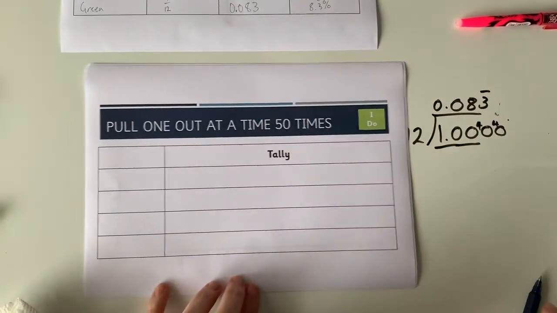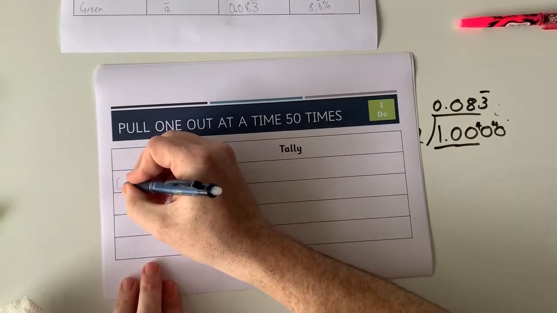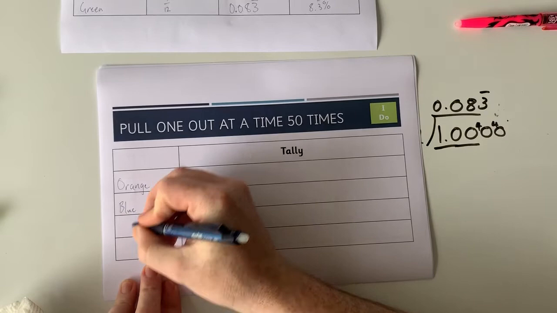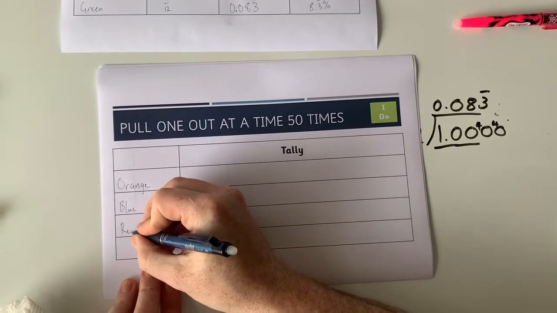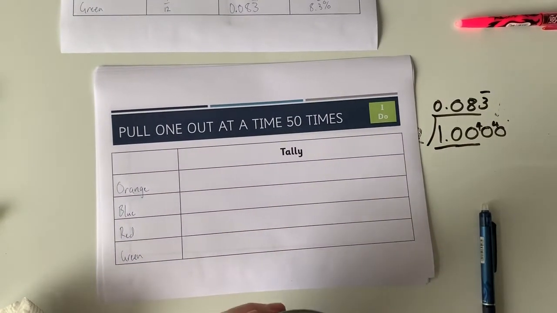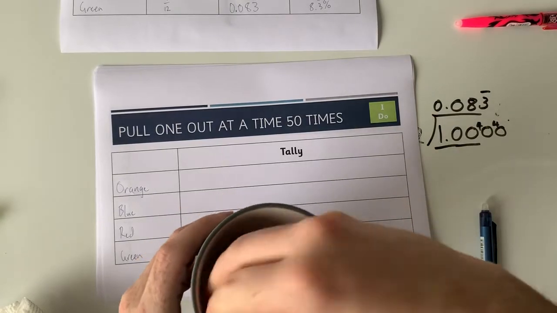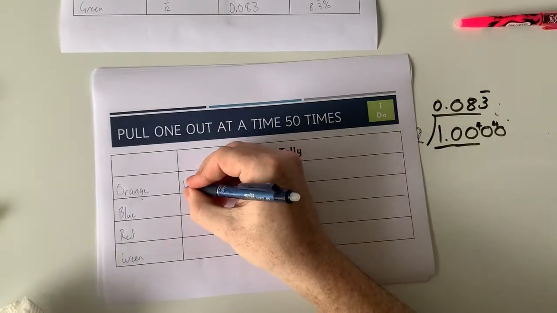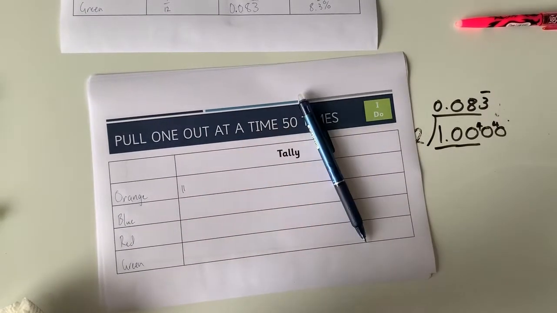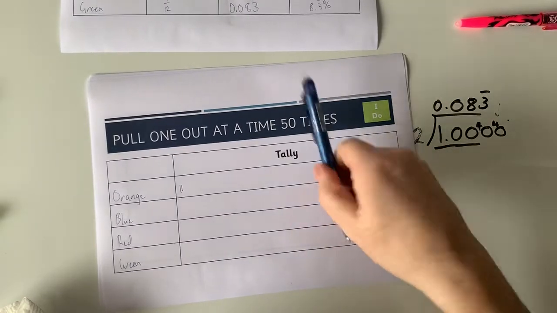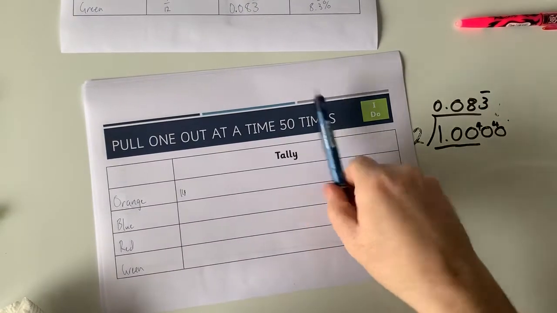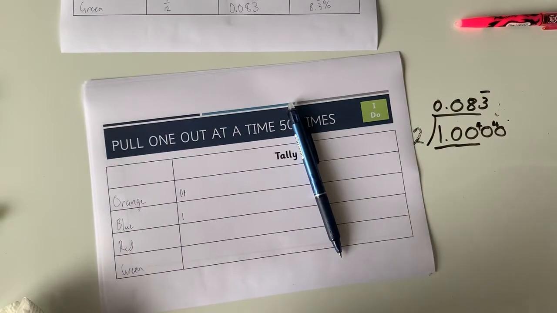So let's go: orange, blue, red, green. Okay. So what I'm going to do is take one out at a time. Orange. I'm going to do this 50 times. Orange. Orange. Blue. 4. Blue.